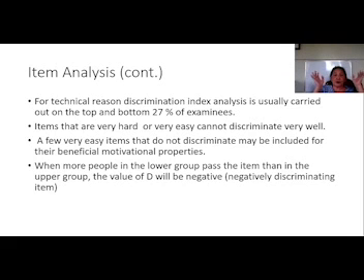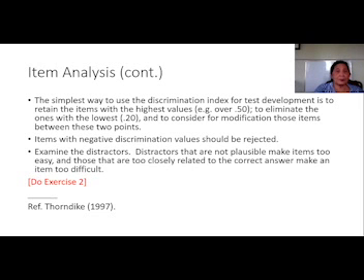Okay, when more people in the lower group pass the item than in the upper group, the value of the D or the power of discrimination will be negative. And it's a no good item. Okay, I'm going to illustrate this to you on the board.